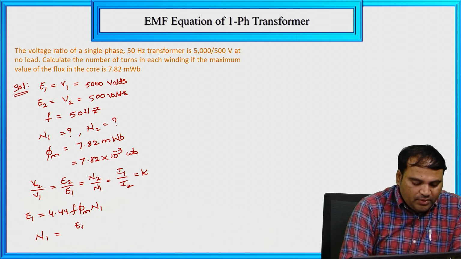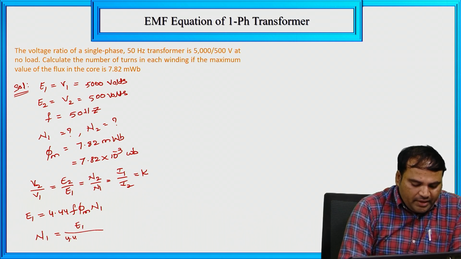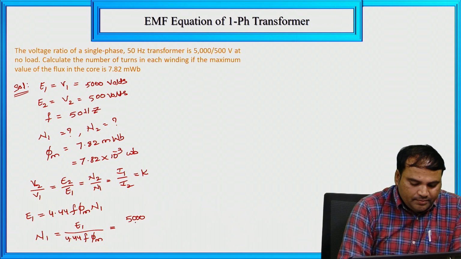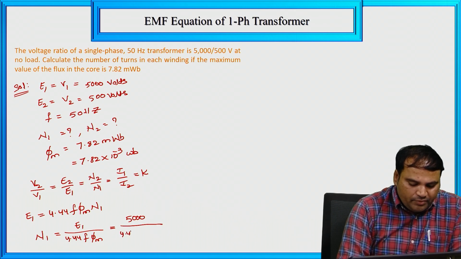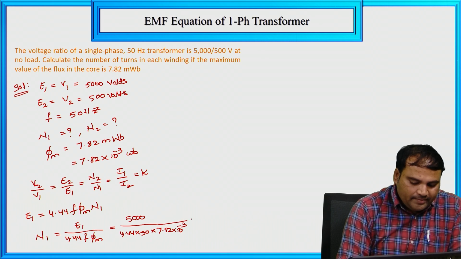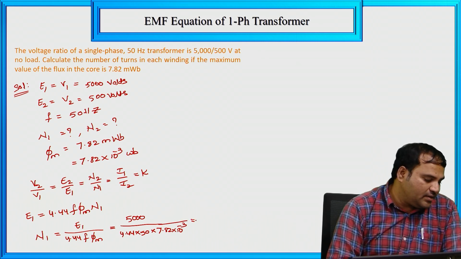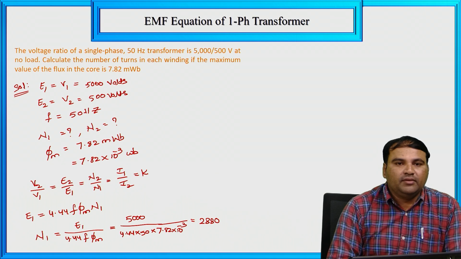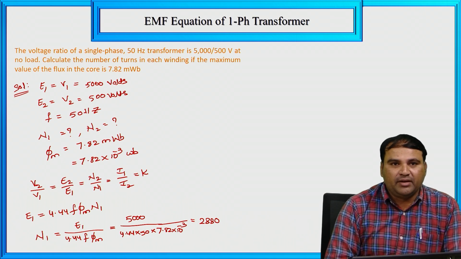So N1 is equal to E1 by 4.44 F phi m, that is equal to E1 5000 by 4.44 into frequency 50 into maximum flux 7.82 into 10 to the power of minus 3. Now by solving this equation we'll get 2880 turns for the primary number of turns.